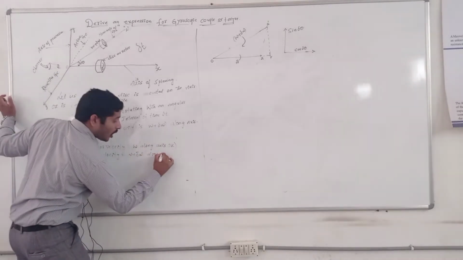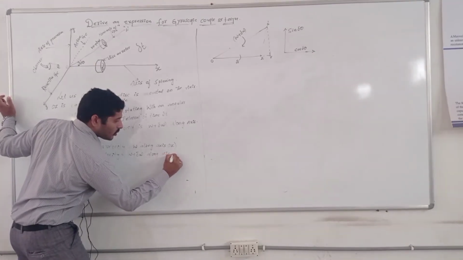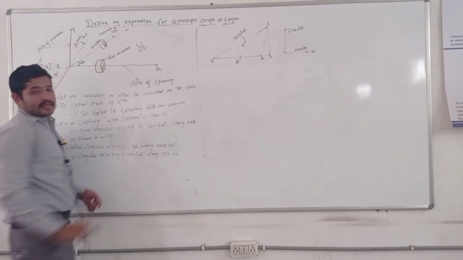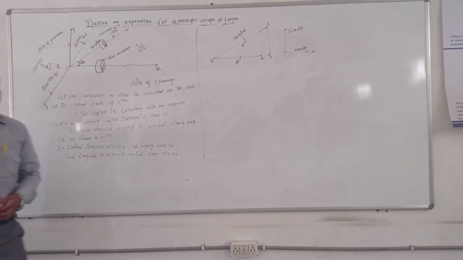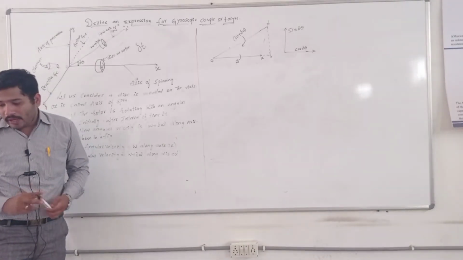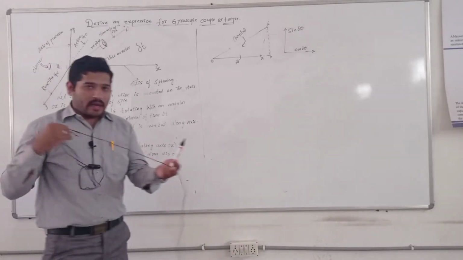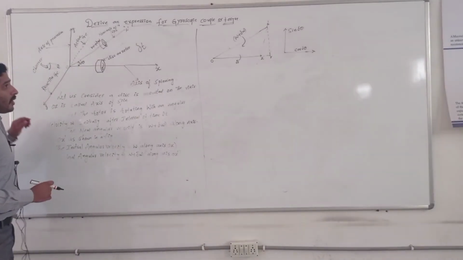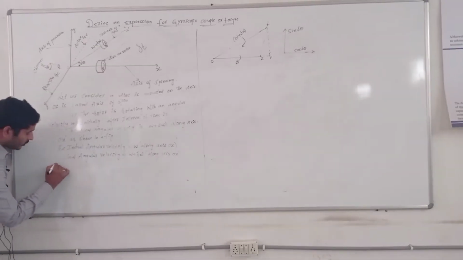Which axis dear? Along axis OX dash. So actually we need to find out the component of angular velocity, angular acceleration. We need to find out the change of angular acceleration.